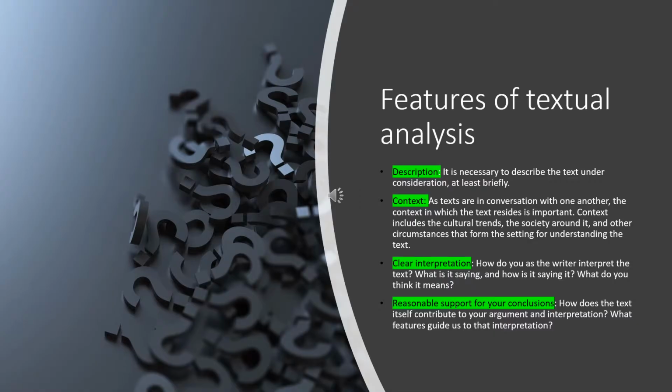Here are some features of textual analysis, and this incorporates features for all kinds of texts, but we're thinking about visual texts, of course. One is description. It is necessary to describe the text under consideration, at least briefly.